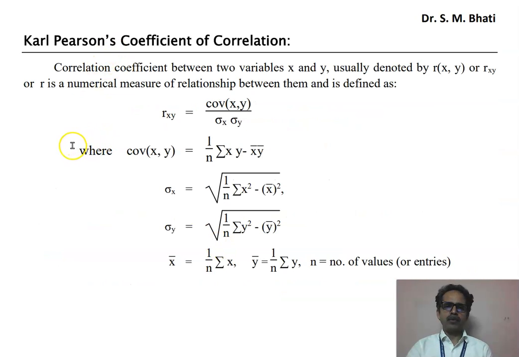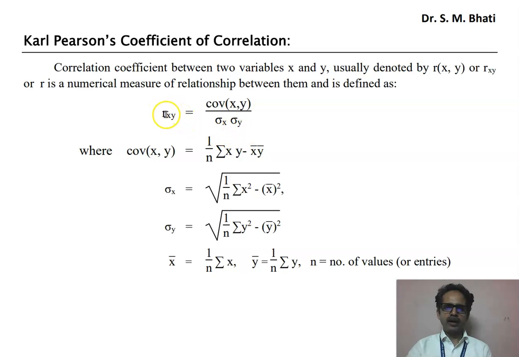Pearson coefficient of correlation. The correlation coefficient between two variables x and y, usually denoted by r(x, y), or r_xy, or simply by r, is a numerical measure of the relationship between them and is defined as Cov(x, y) upon sigma x sigma y.